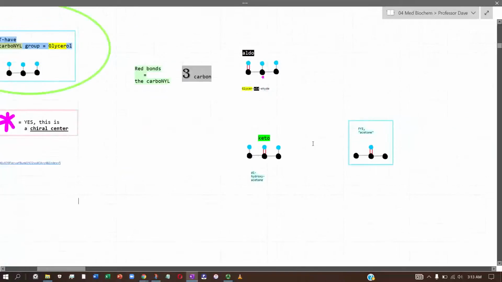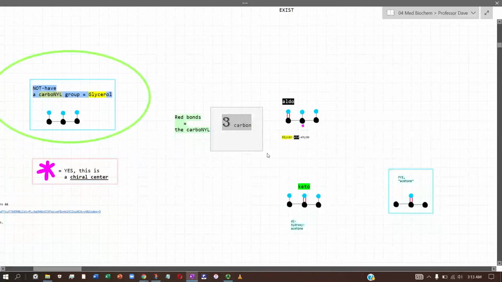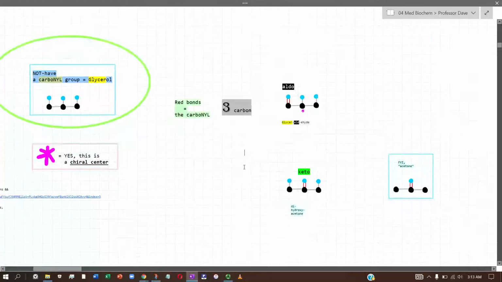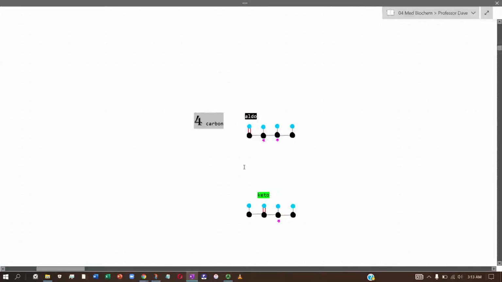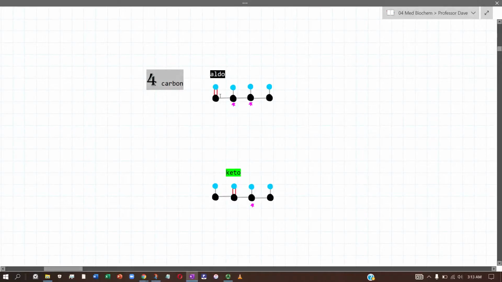So we've covered a lot of information regarding sugars with 3 carbons. So let's move on to sugars with 4 carbons. Cool. Here we go. Not much to it. Just keep in mind the location of the carbonyl: if it's at the tips, that makes it an aldehyde. If it's away from the tips or the extremes, that makes it a ketone.